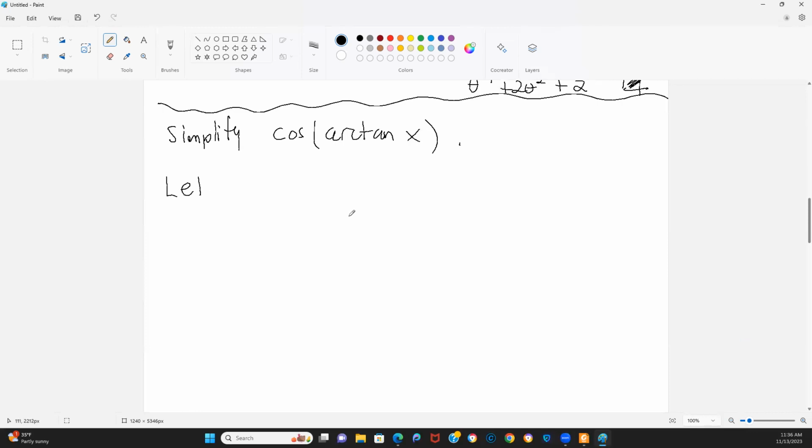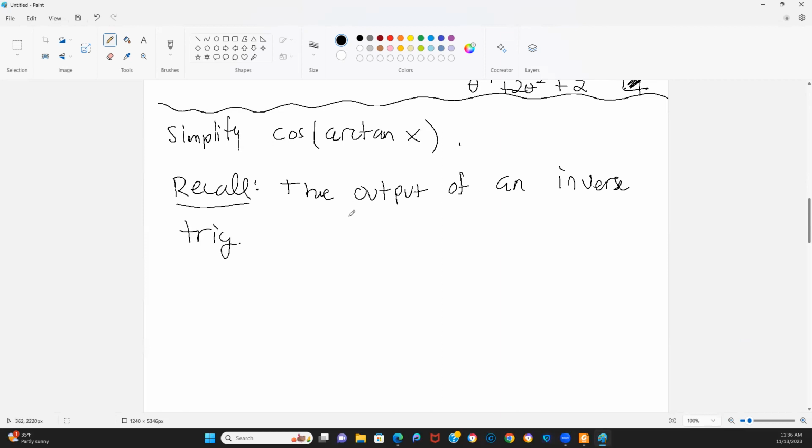So recall that the output of an inverse trig function, say arctan of x, is an angle. That's what the inverse trig function gives you.